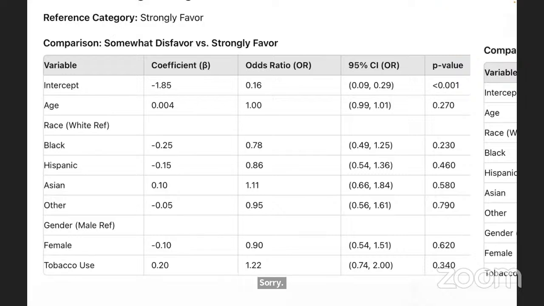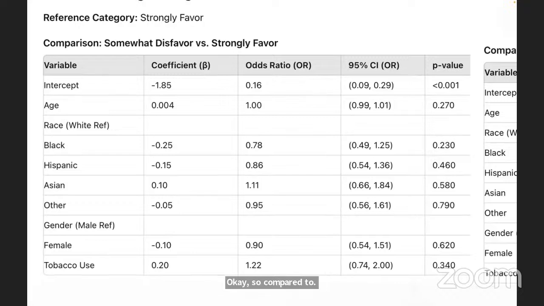Okay, so let me try again. Compared to whites, blacks have 0.78 odds. I don't want to use less likely now.